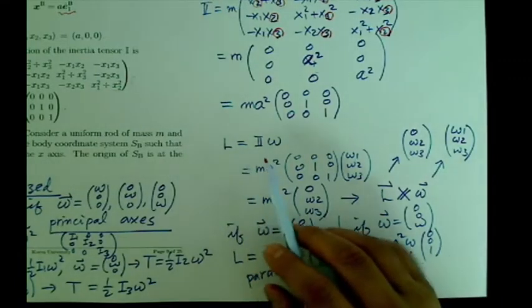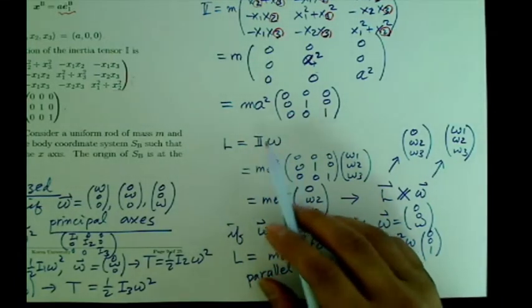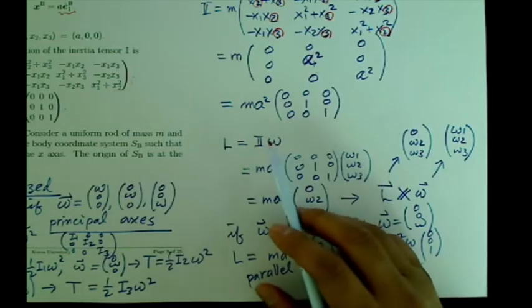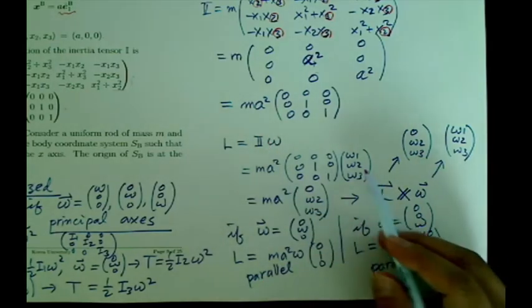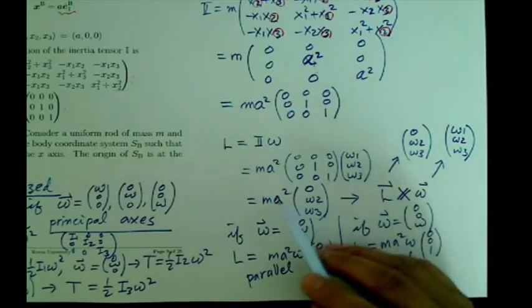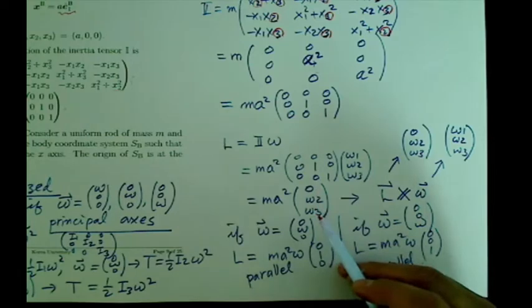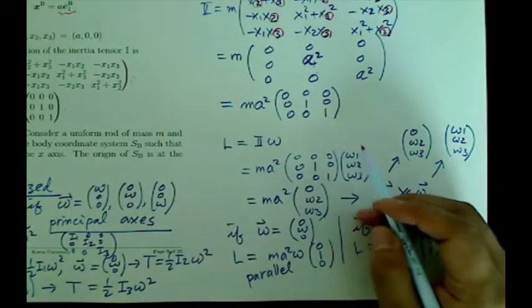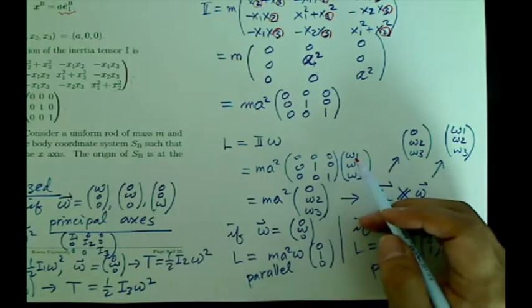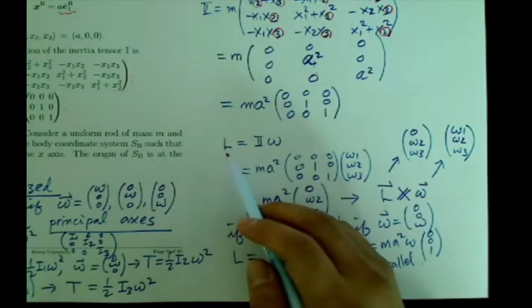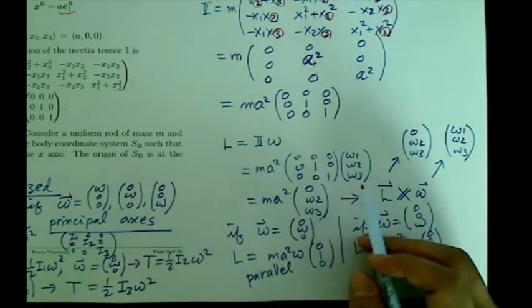angular momentum is the inertia tensor times the column matrix omega. If we have omega 1, omega 2, and omega 3, we find m a squared, 0, omega 1, omega 2, omega 3. So if omega 1 is non-zero, the orbital angular momentum is not parallel to omega.